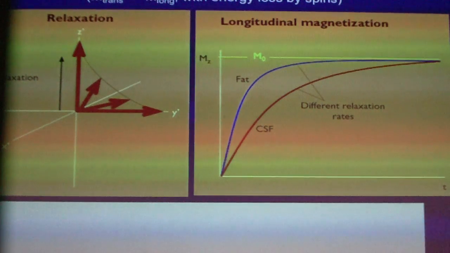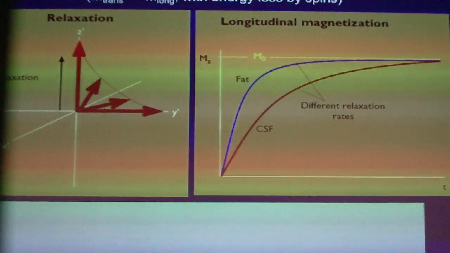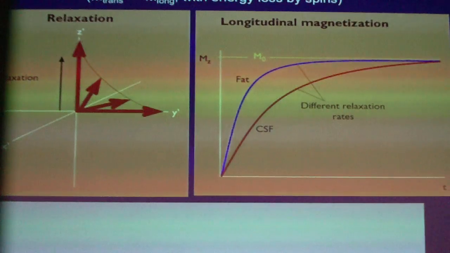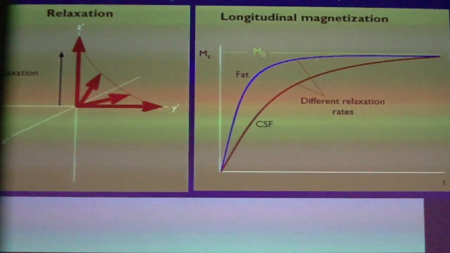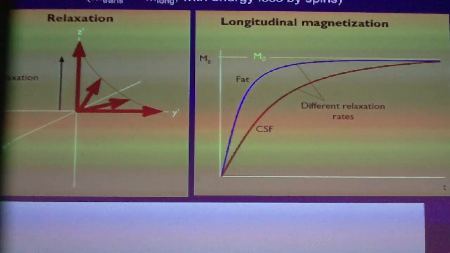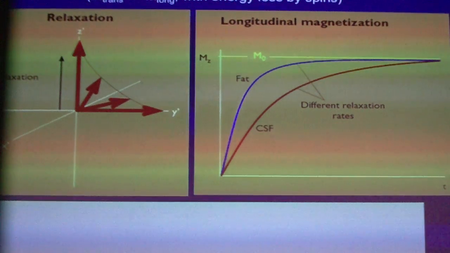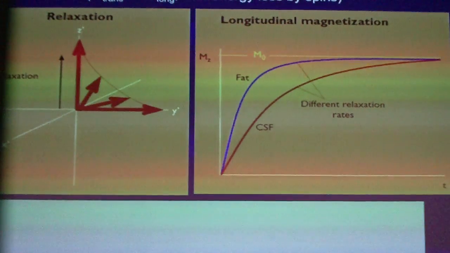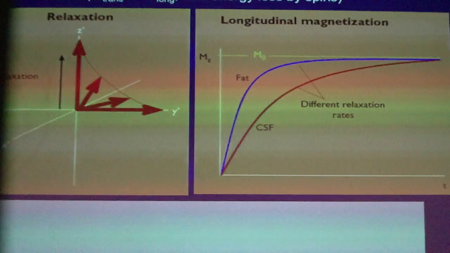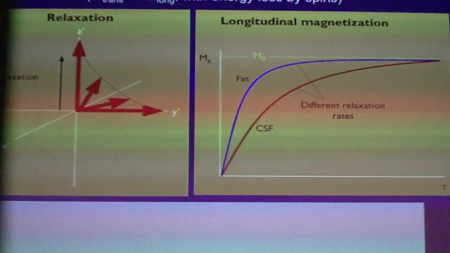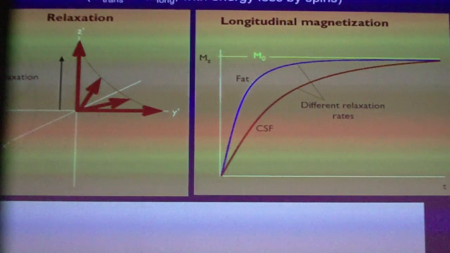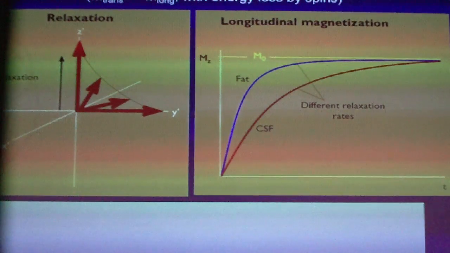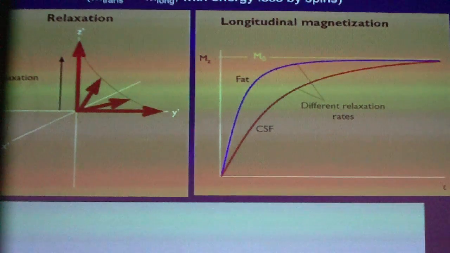And actually there are two different relaxation mechanisms. One is called T1 relaxation and the other one is called T2 relaxation. Now what's the difference? The T1 relaxation means that, okay, you have your beginning moment where you have some net magnetization in the direction of the magnetic field.